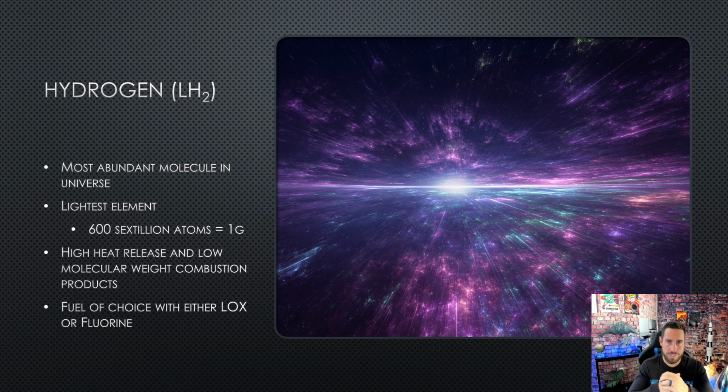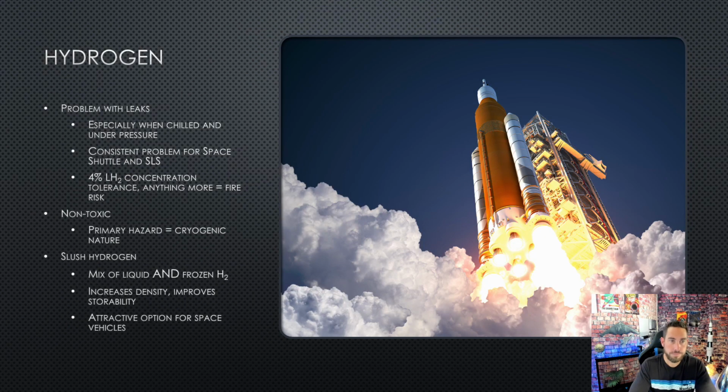Again, liquid oxygen is by far and away the most commonly used oxidizer in terms of cryogenics. One of the bigger problems that you run into with hydrogen is the fact that it's especially prone to leaks. It's a cryogenic, so it has to be kept really cold, and when it's really cold and under high pressure, it can leak pretty easily.